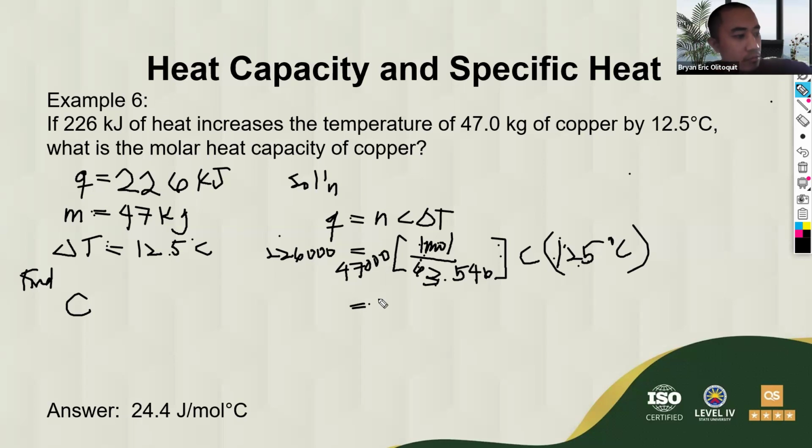So as you can observe, if we multiply everything except C, since C has no value yet, you have 47,000 times 12.5 divided by 63.546, which gives 9245. So we have here 9245, and 226,000 on the other side. Then C is what we want, so we divide both sides by 9245.